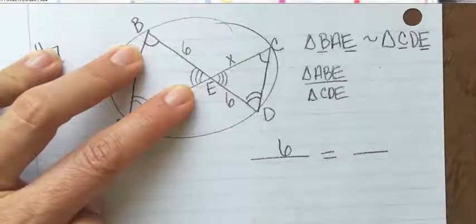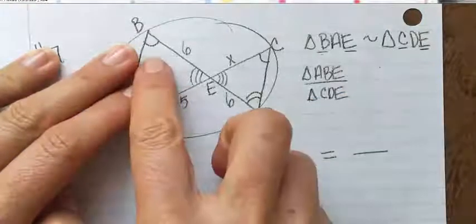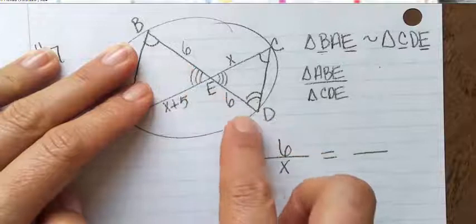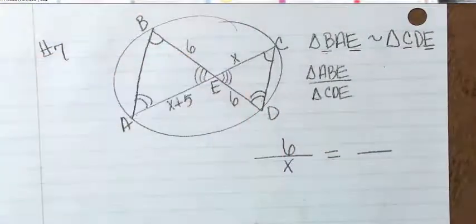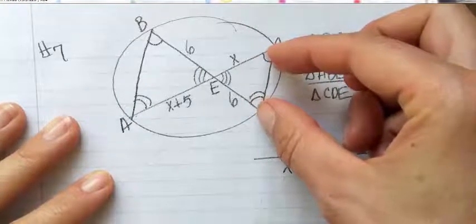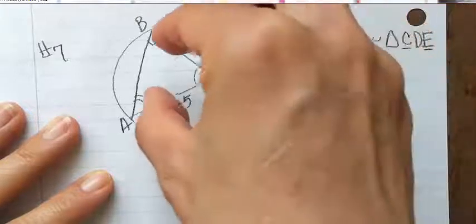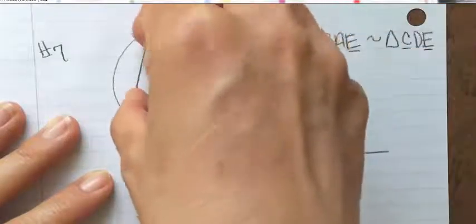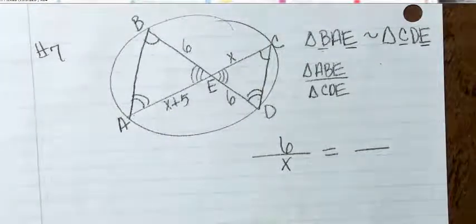So CE is x. That can be kind of tricky because they kind of trick you and make these 2 exactly the same, so you think those 2 are corresponding sides. But in reality, the corresponding sides go right on top of each other. I could flip this triangle over and put C on top of B and D on top of A, and E would go on top of itself.